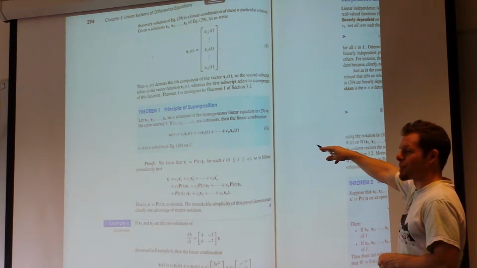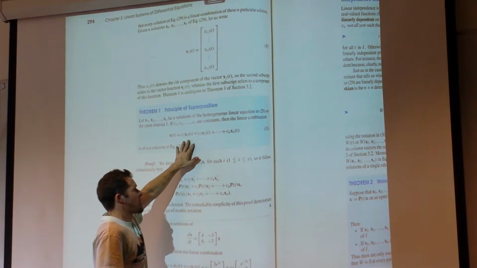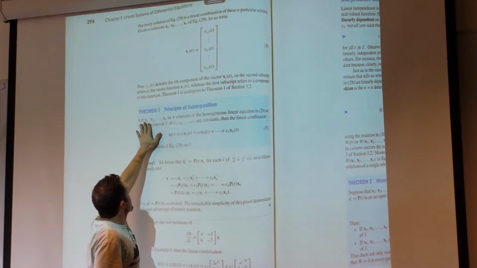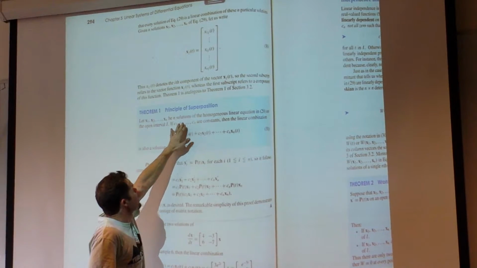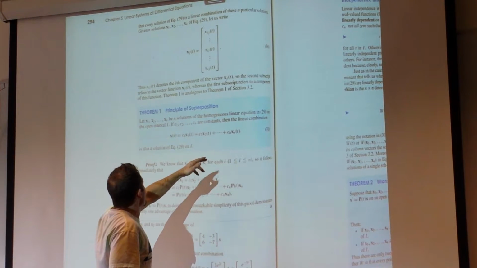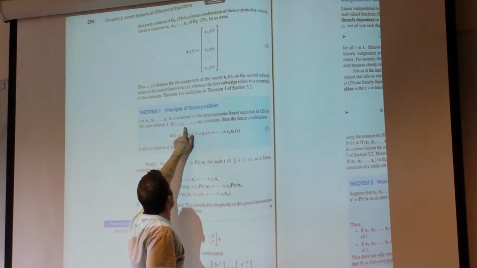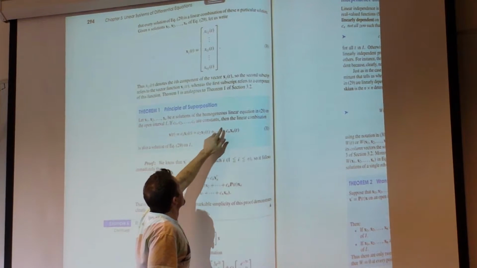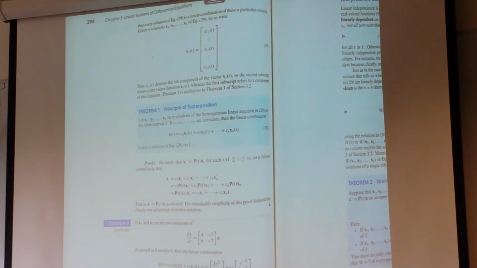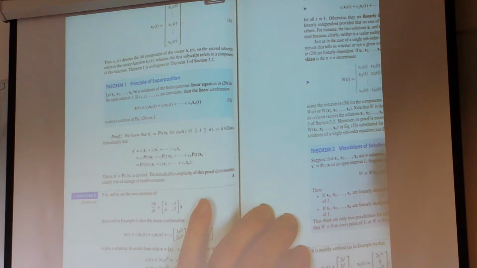And that holds for systems as well. So this reads a lot like a corresponding theorem in chapter 3. So if you have x sub 1 through x sub n solutions of a homogeneous linear equation or system on an open interval, then the linear combination is also a solution. And if you flip the page, here's the Wronskian defined: x1, x2, xn.